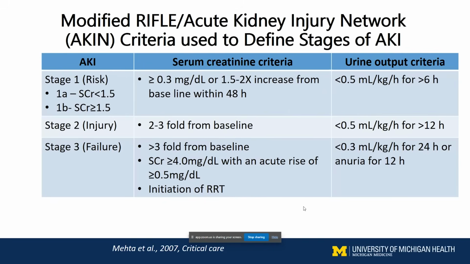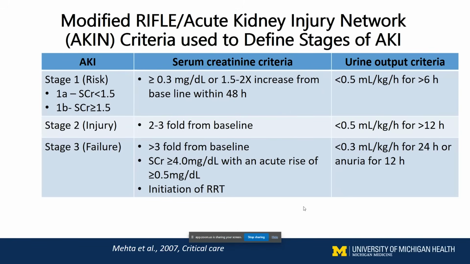So this is a modified Dreifel criteria, which basically stages the acute kidney injury into risk, injury, and failure. Risk is stage 1, which is increase, and it has a serum creatinine criteria as well as urine output criteria. Most of the time in the clinical setting, we use serum creatinine criteria.